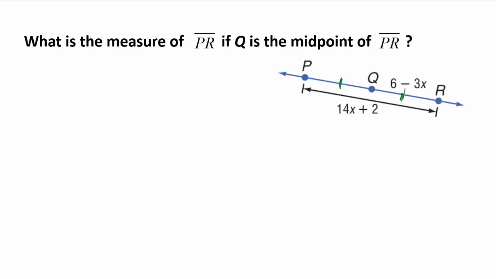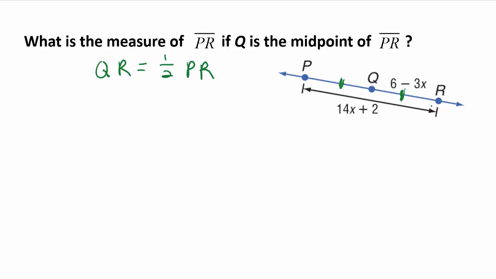We could also say that QR is 1/2 of PR. So I'm going to write that out. QR is equal to 1/2 of PR, because this line segment QR is going to be 1/2 of the entire line segment PR.